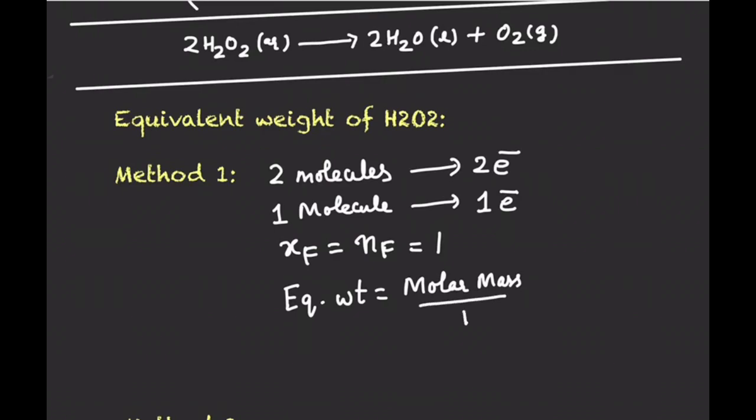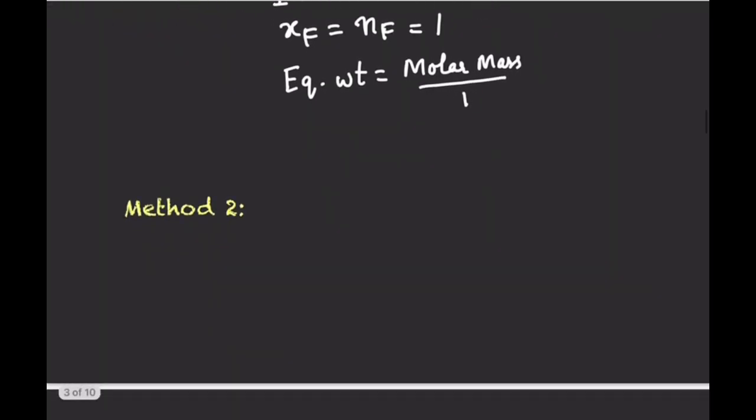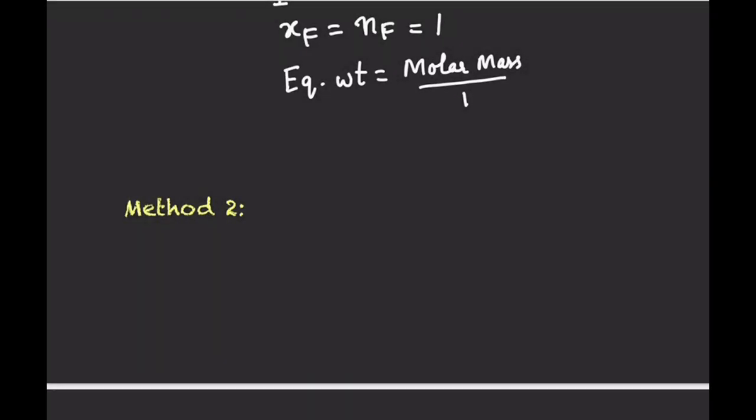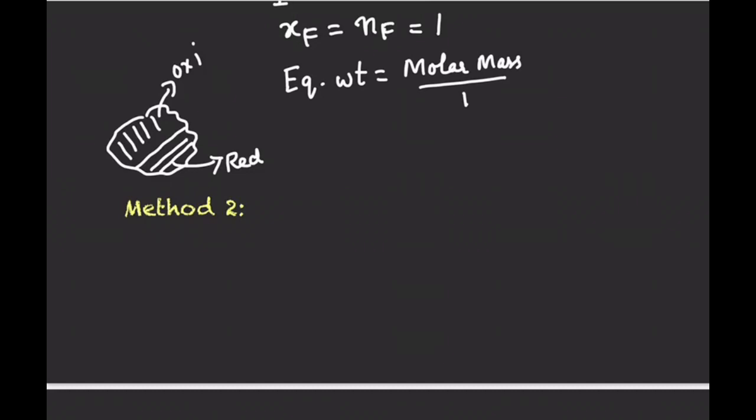There is a second method. Since H2O2 is participating in oxidation as well as reduction simultaneously, we'll find the equivalent weight of the H2O2 which is participating in the oxidation reaction, and we'll find the equivalent weight of H2O2 which is participating in the reduction reaction, and for the overall H2O2 we'll add the equivalent weights of H2O2 participating in oxidation and reduction.